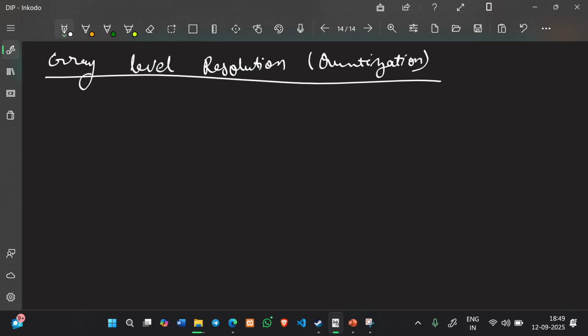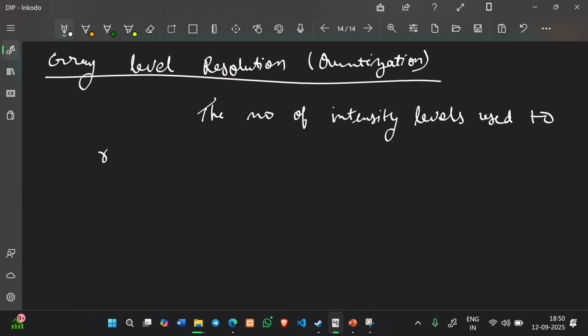It means the number of intensity levels used to represent brightness.